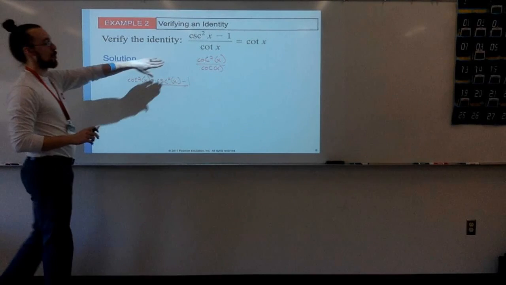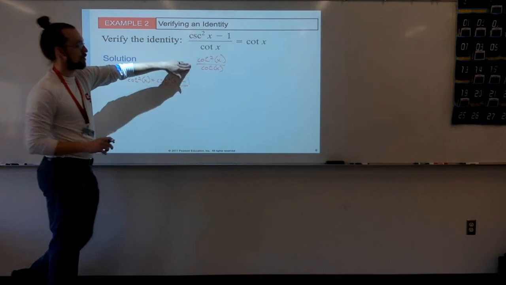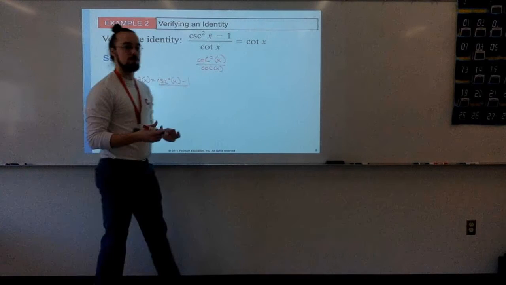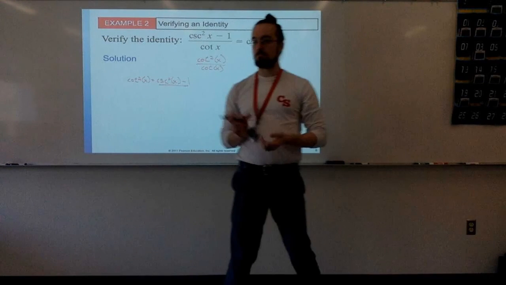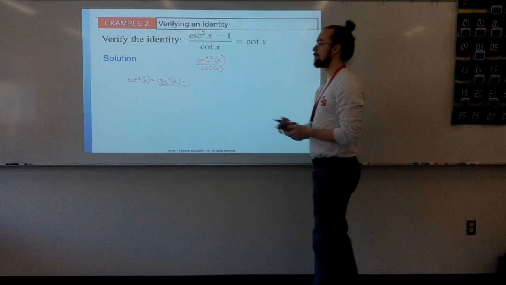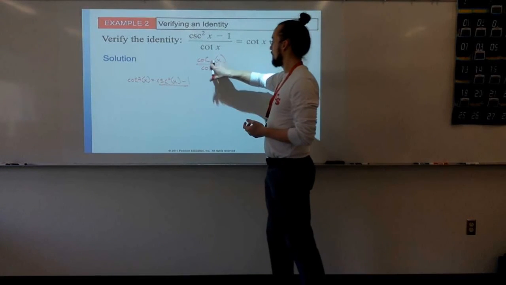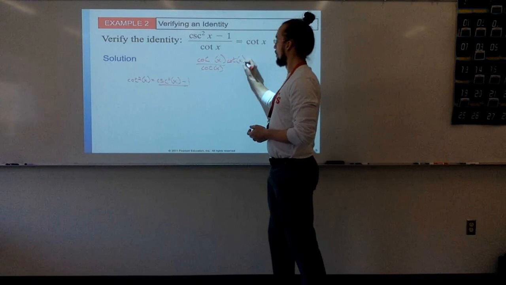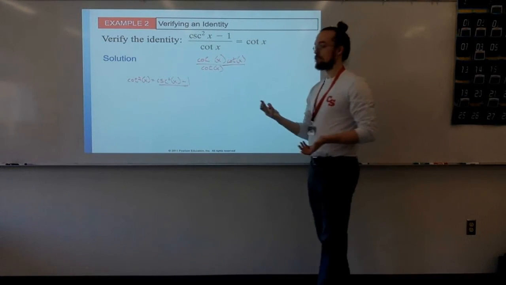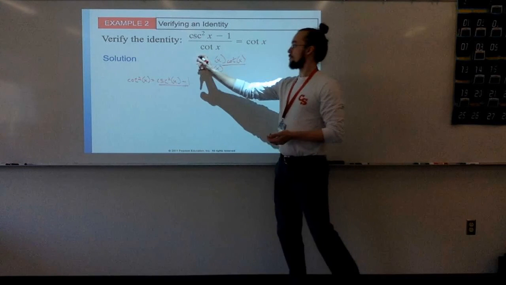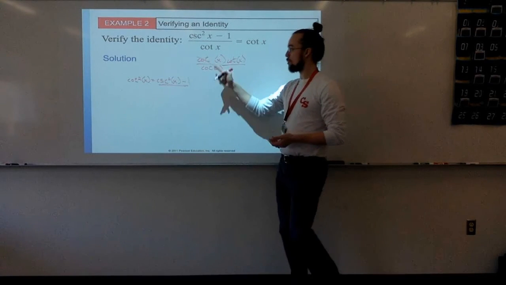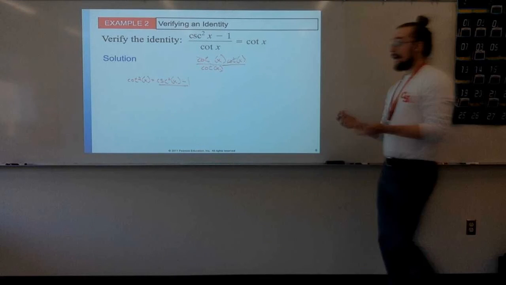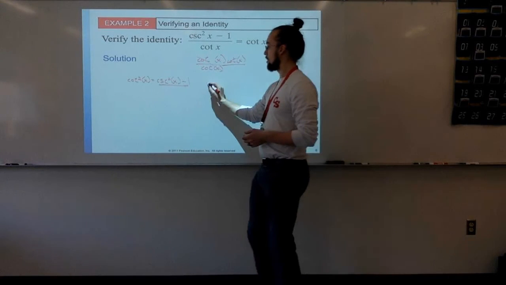So I've got cotangent squared over cotangent. Cotangent squared is just the same thing as cotangent times cotangent, right? So, I mean, I don't have to, but I could write it out like this. Instead of cotangent squared, I could write it as cotangent times cotangent, so that we can see one of the cotangents will cancel out in the numerator and denominator, and I'm just left with cotangent.